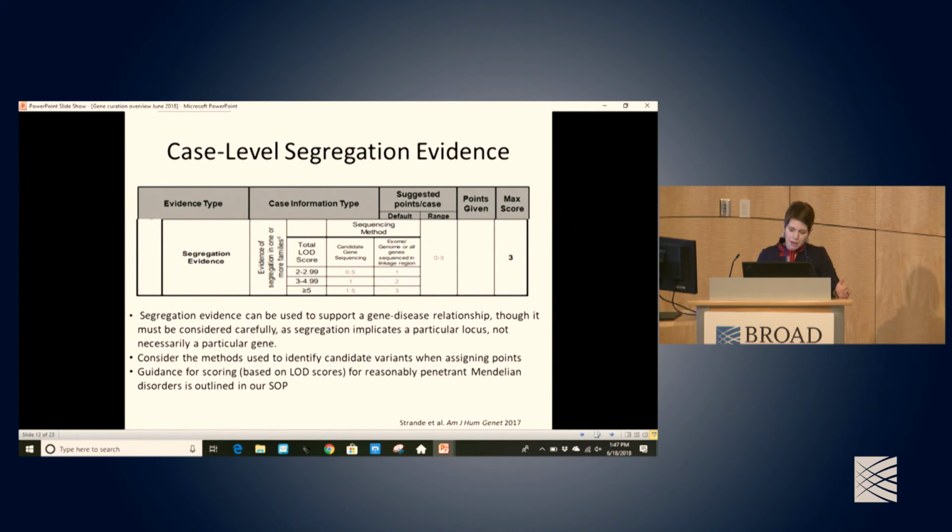So when we're looking at segregation information that we can find in the literature, for example, we always consider the methods that were used to identify the candidate variants, and you can see that there's some different scoring, whether the gene was identified by candidate gene sequencing versus exome or genome sequencing, or if they've looked at all the genes in a candidate region. And we have detailed guidance for scoring based on LOD scores for reasonably penetrant Mendelian disorders in that SOP document that I mentioned at the beginning, which should be in your Google Drive folder.